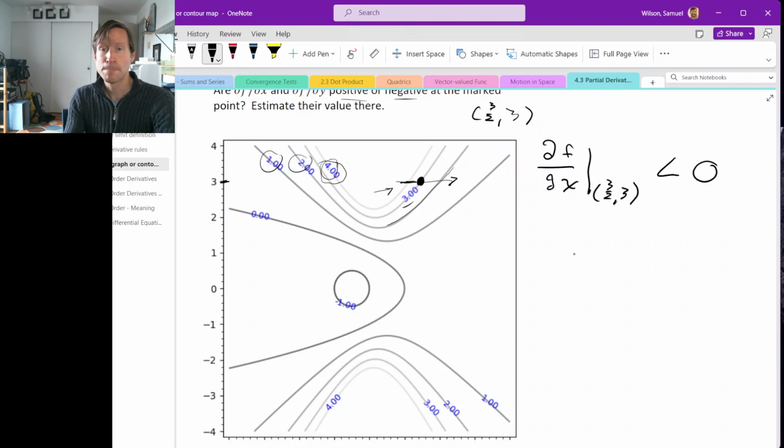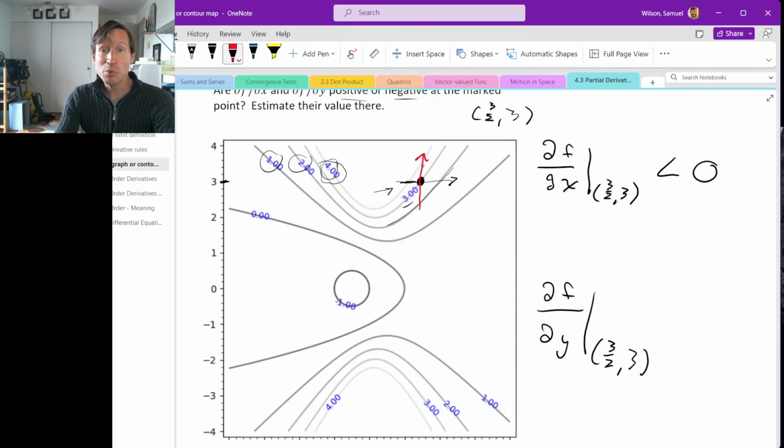Okay? Let's do the same thing in the y direction before we actually estimate what one of these is. I think we'll only estimate one of them just because that's enough to give the idea. So in the y direction right now, we have to imagine that we're moving upwards on the graph like this. So again, we're on the contour 3.